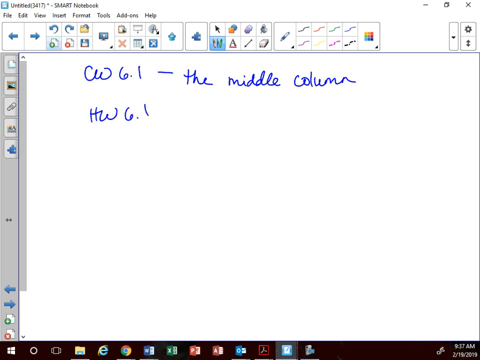And then from homework 6.1, which is the back, let's do the first column. Everyone knows that columns go up and down, right? Okay. Making sure we don't mix them up with rows. Okay, guys, use your time.